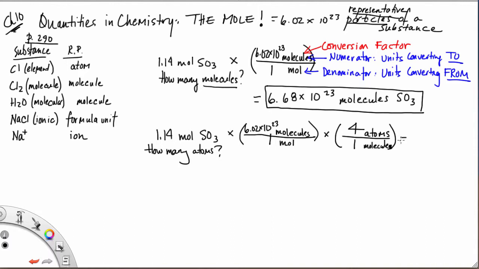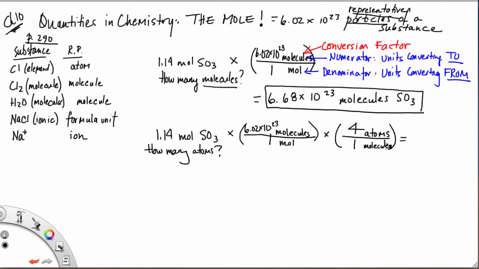Now remember that multiplication is commutative. You can correct me on which term that is there, but basically what this means is it doesn't matter the order in which you multiply. So it might be even more helpful to say 1.14 times 4 times 6.02 times 10 to the 23rd. And when you look at that, you can see that your answer should be greater than 6.02 times 10 to the 23rd.